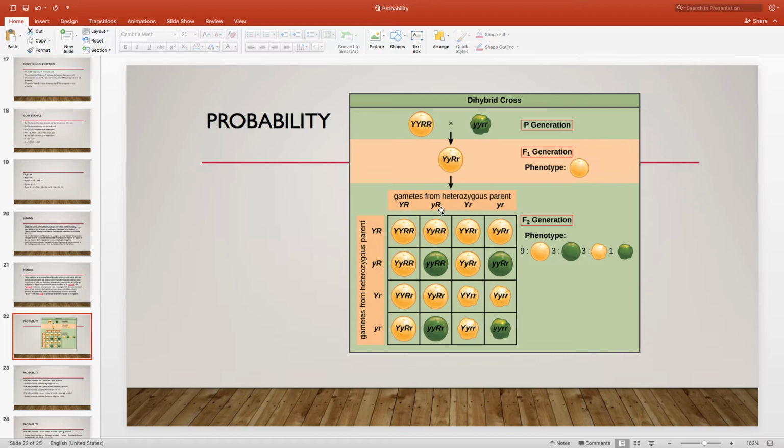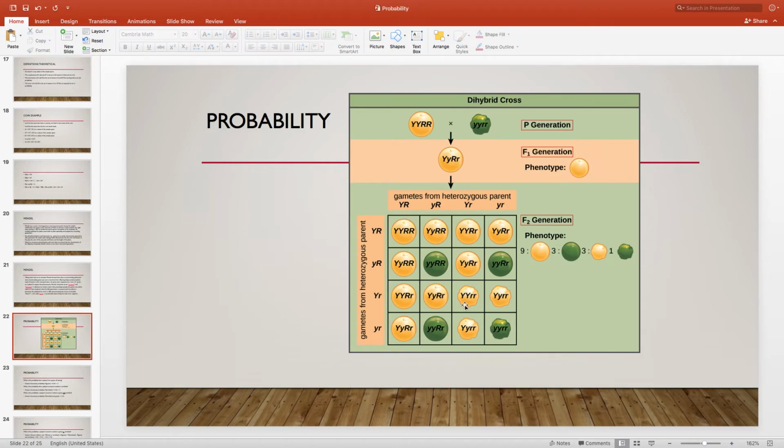What Mendel noticed is, hey, look, sometimes I can breed this YR with another YR, and I'm going to get a YYRR, and it comes out green. And then here I can breed this, and it's not round.